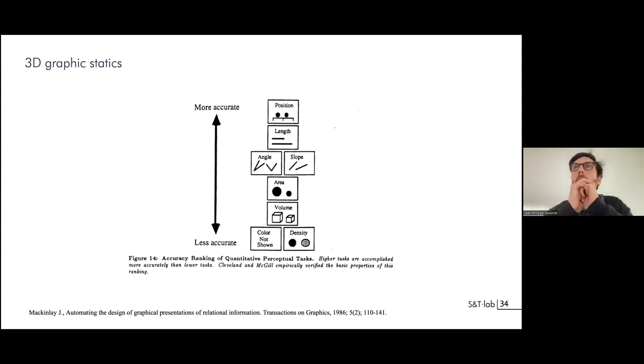If you have a look at the literature, so this reference is from McKinley, he classified visual elements, such as position of element, length, angle, slope, area, volume, density, and how accurately the human can perceive these elements. And you can see that lines and lengths are among the more accurate elements that you can perceive. Volumes and area are a bit less accurate to perceive.